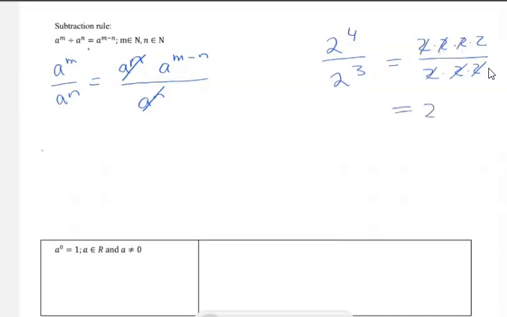So the answer is 2. We can also write it according to the rule. We can write that as 2 to the 4 minus 3, which is just 2 to the 1, and we don't write the 1, we just write it like that. And whether the base here is now a positive number or a negative number, the rule will still hold.